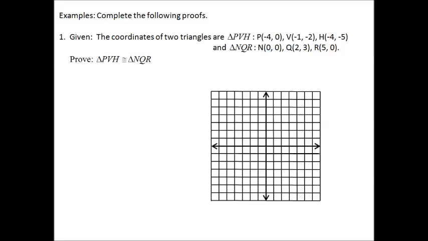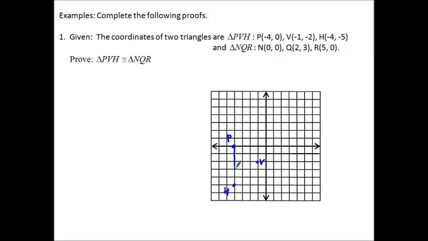So the first thing we're going to do is put our 2 triangles into the coordinate plane. Starting with triangle PVH, I got point P, -4, 0, V, -1, -2, and H, -4, -5. And I'm going to label my points too, so I don't get confused.